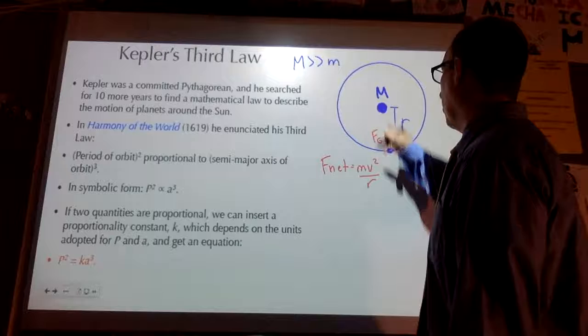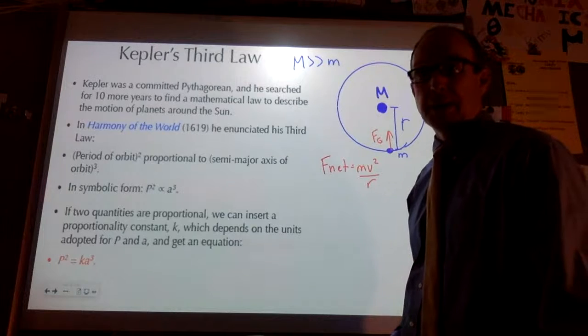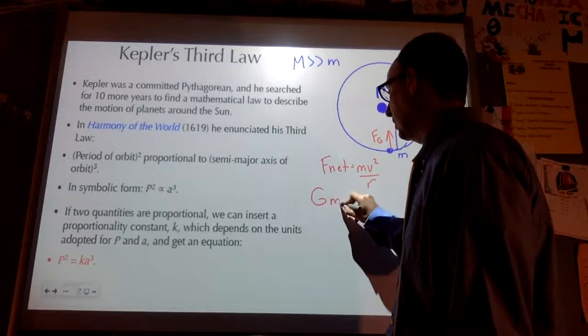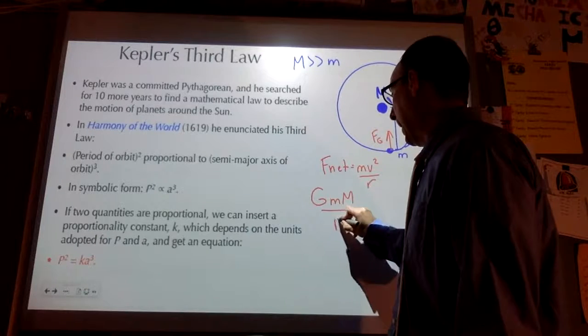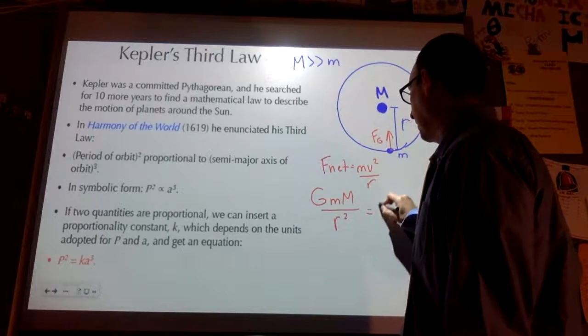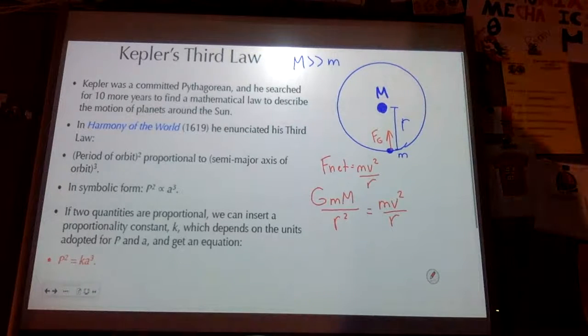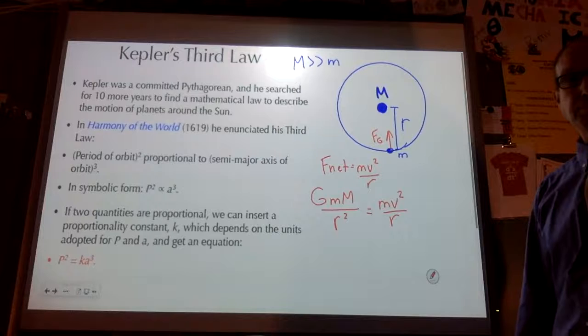And so this force that's pulling it in is what's keeping it in this orbit, and that's equal to big G, little m, big M over r squared. And this is equal to mv squared over r.